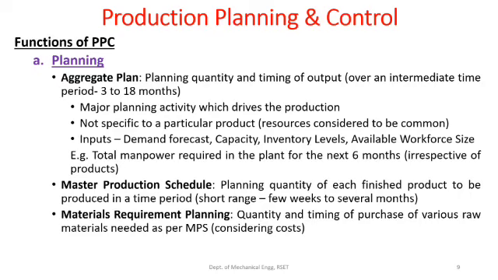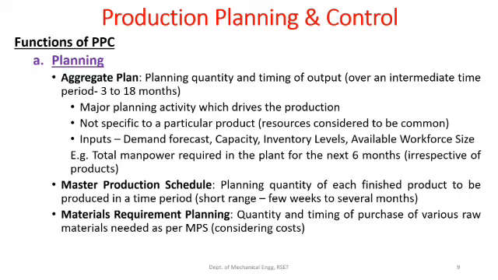And the last kind of plan is materials requirement planning, and this specifies the quantity and timing of purchase of various raw materials needed as per the master production schedule. So according to the master production schedule, the plan that deals with the quantities and the times at which various raw materials are needed, considering their cost, is referred to as materials requirement planning.